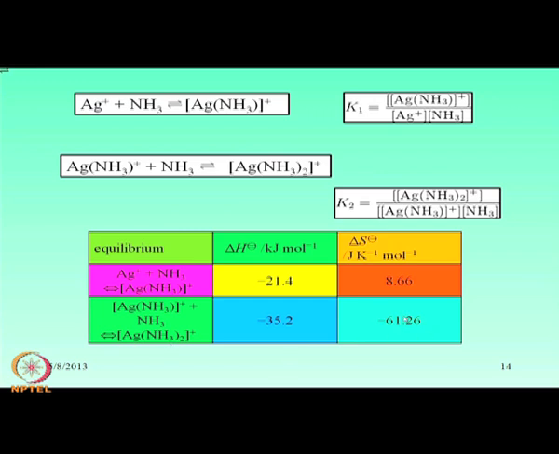And in this particular case, where we are not talking about the chelate formation, we do not have the opportunity to see how these delta S values can contribute, only for the chelate formation.